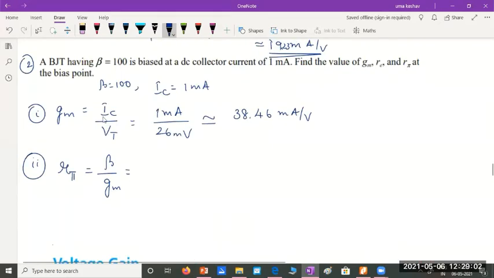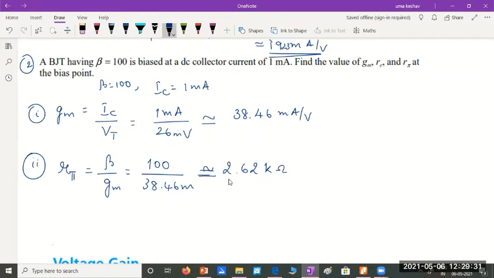Do it. What do you get? 100 by 38.46 milli. How much would it be? 2.62 kilo.